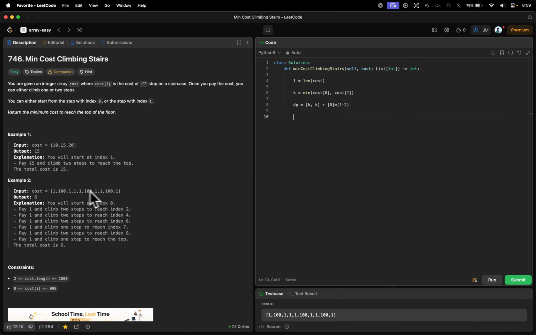Now I need to iterate from 1 to last. For I in range 2 till the length, and for each I need to find the cost at I, plus the minimum of the cost at I minus 1 or the cost at I minus 2.